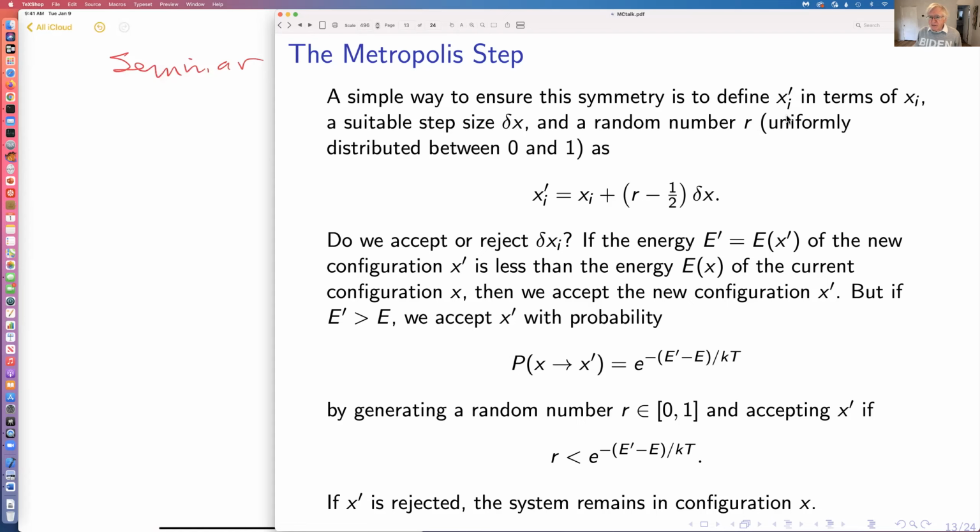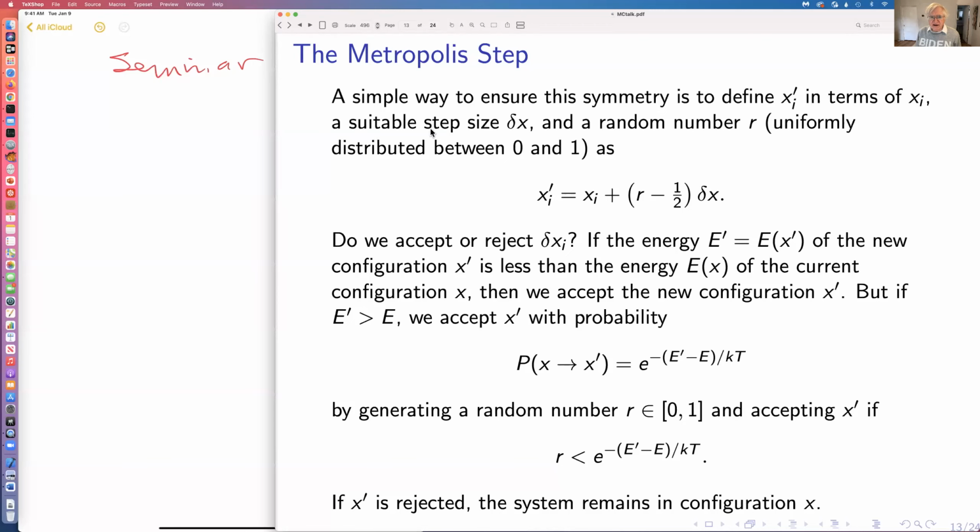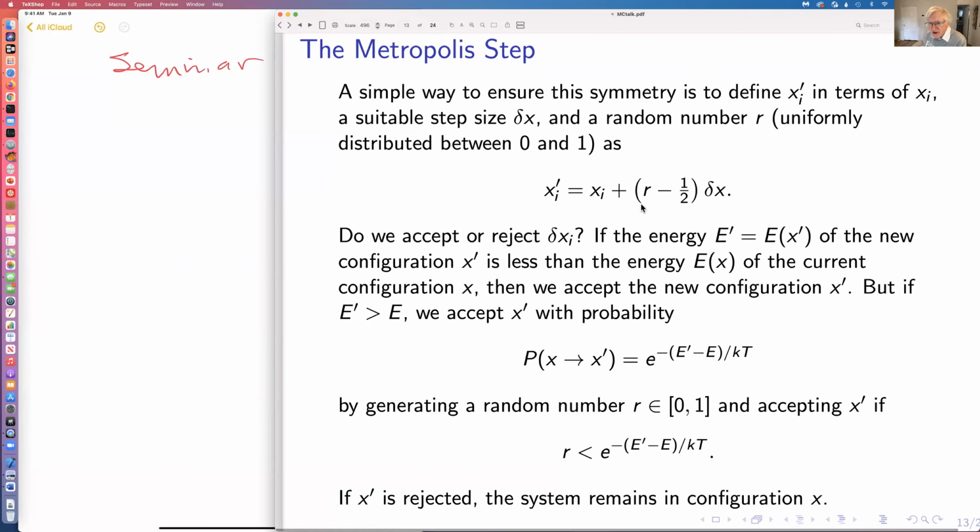So the Metropolis Step is to define x prime in terms of x and a suitable step size and a random number uniformly distributed between 0 and 1 in this way. So you say x prime is x plus delta x times a random number between 0 and 1.